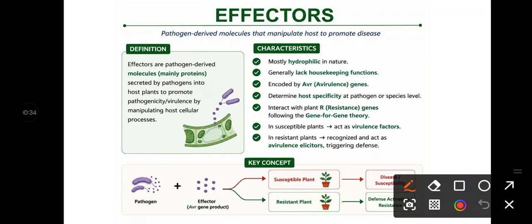So first the definition. The effectors are pathogen derived molecules. They are not derived from the host plant or any other thing. They are derived from the pathogen itself.